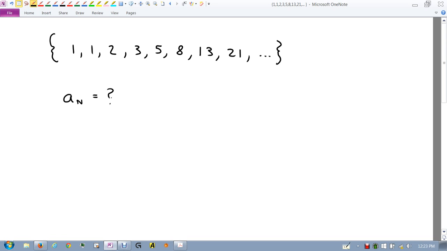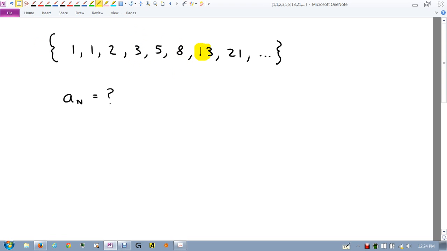So what's the pattern in the Fibonacci numbers? Someone who knows it, share it. Anyone know the pattern? Okay, so to figure it out, you go out to one of the numbers here. This number is always going to be the sum of the previous two. So 8 is 3 plus 5. 13 is what?